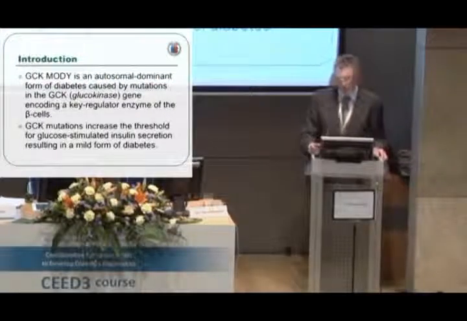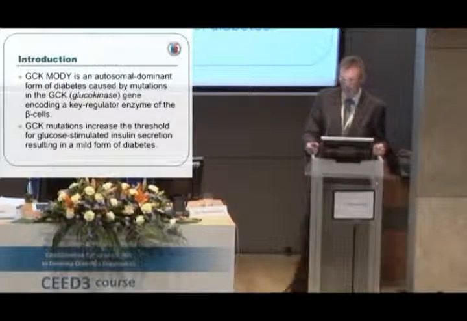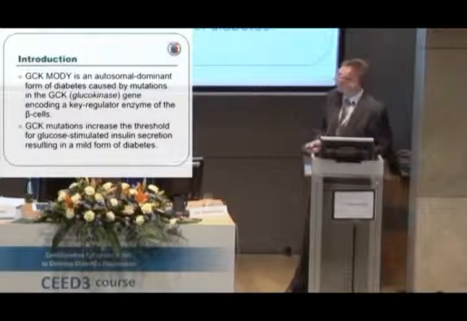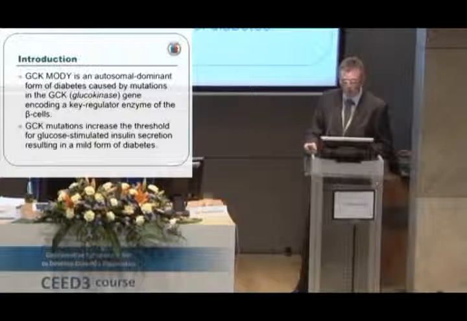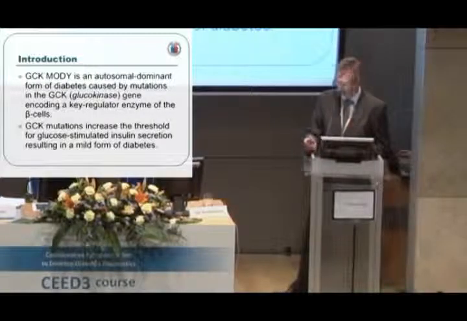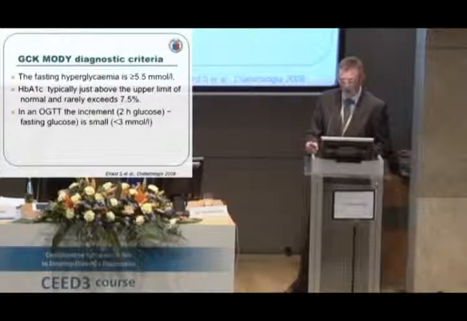As it was mentioned earlier, GCK MODY is an autosomal dominant form of diabetes caused by mutations in the GCK glucokinase gene encoding a key regulatory enzyme of pancreatic beta cells. GCK mutations increase the threshold for glucose-stimulated insulin secretion, resulting in a mild form of diabetes.